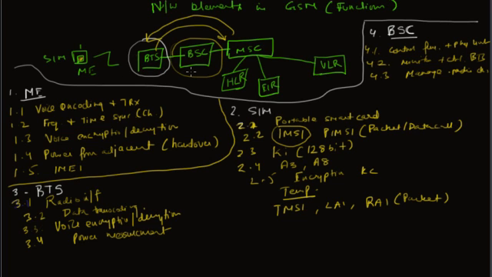That's why this is the brain of a BSS, base station system. When I say BSS, this is what I'm talking about. These two entities together are called the BSS.